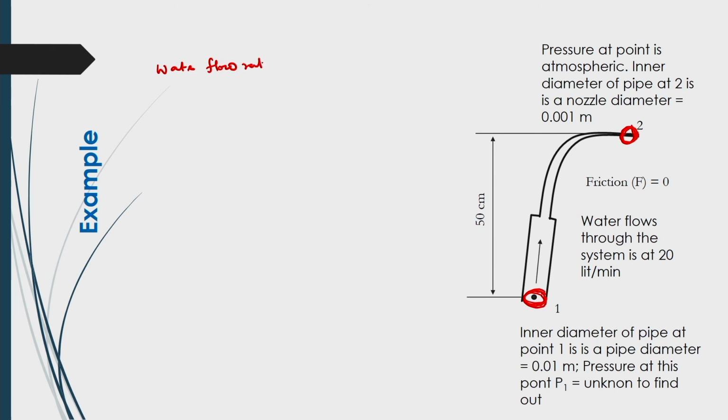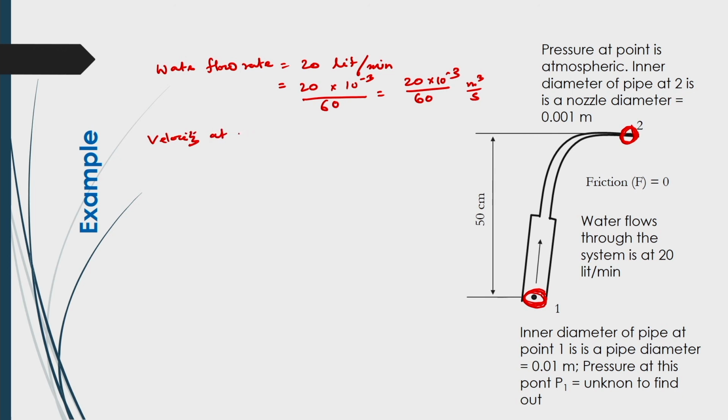Water flow rate is 20 liter per minute, which equals 20 into 10 to the power minus 3, since 1000 liter equals 1 meter cube, divided by 60 to convert to seconds, meter cube per second.